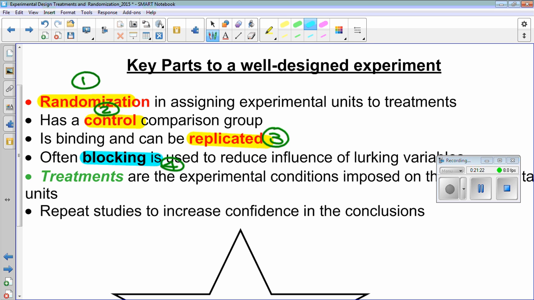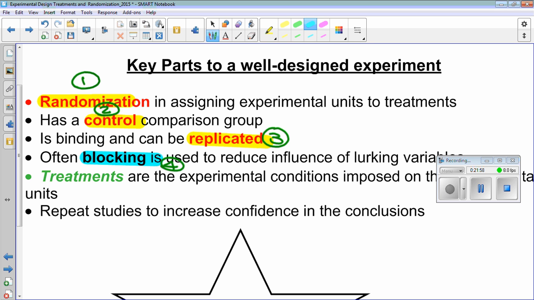So randomization. It's very important that you understand how randomization is used. So I'm going to give you an example. If you have people that want to volunteer to be a part of your experiment, is that a problem? Yes. No. Why not?